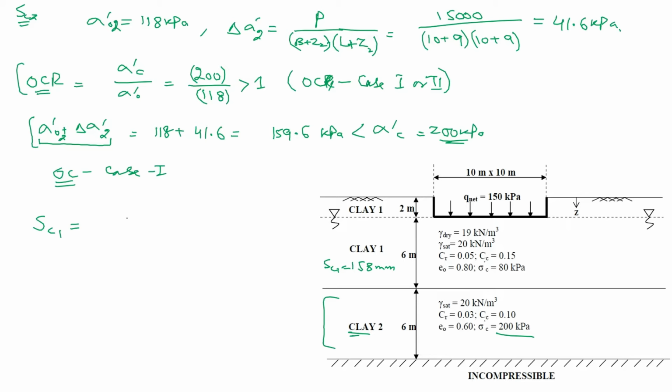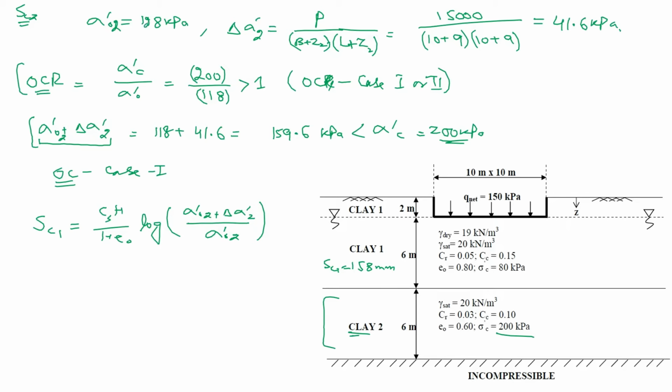Case 1. This is equal to CS or CR H over 1 plus E naught log of induced stress and vertical effective stress divided by vertical effective stress.